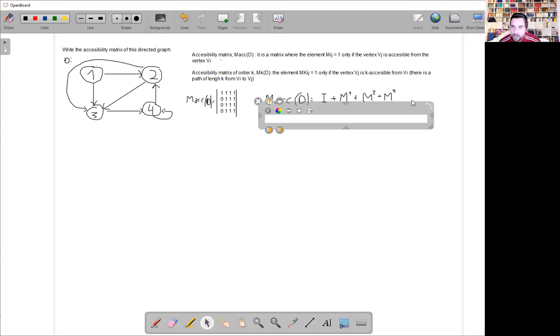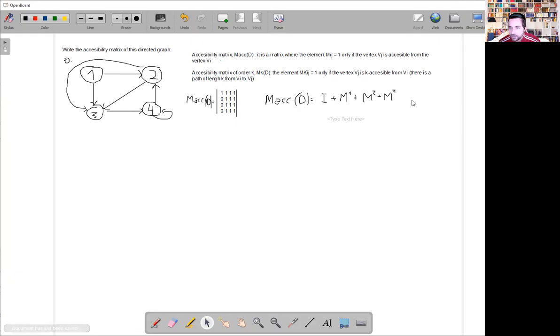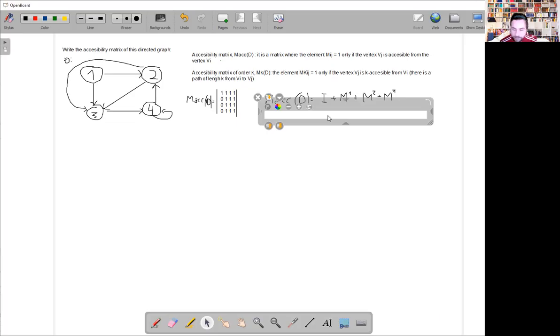If we have 7 nodes, we would need to add until the accessibility matrix of order 6, right? And like that. And it's good if you think why. I will write it here. We have 4 nodes in the graph.